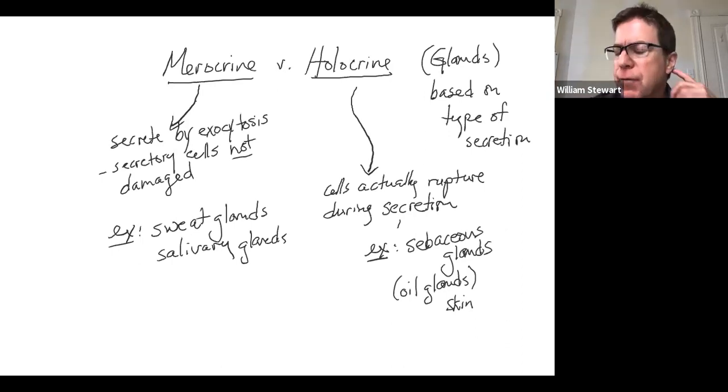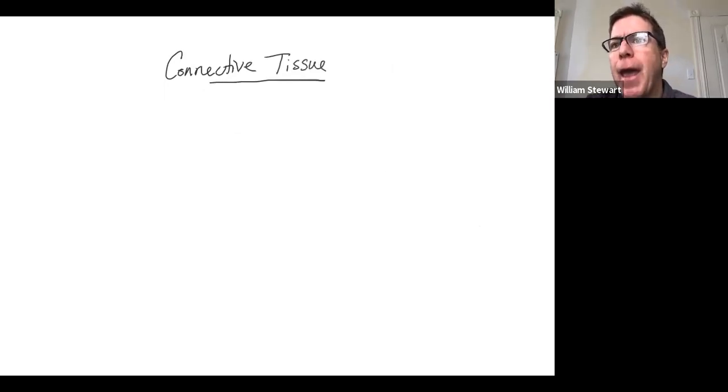All right, before I leave this mini lecture, I'm just going to get you started very quickly on connective tissues. We're finished with epithelial tissue. So I'm going to talk for like 5 more minutes and do a brief introduction to connective tissues. Remember, this is the most abundant and most varied type of tissue in the human body.